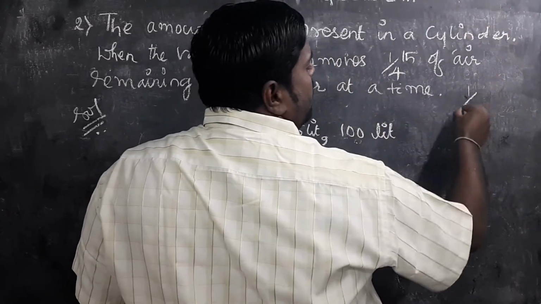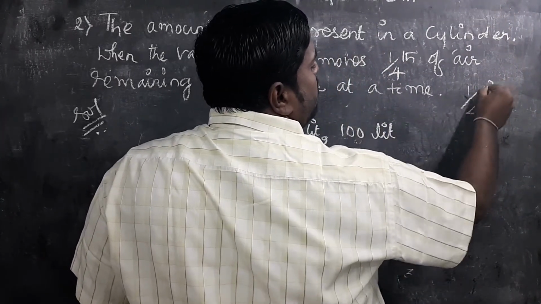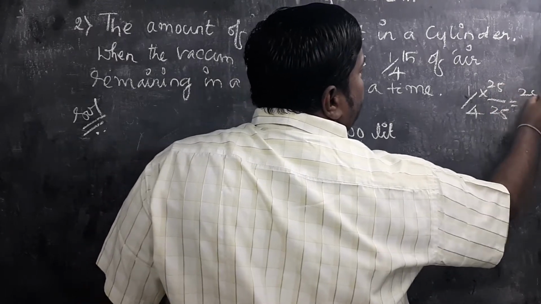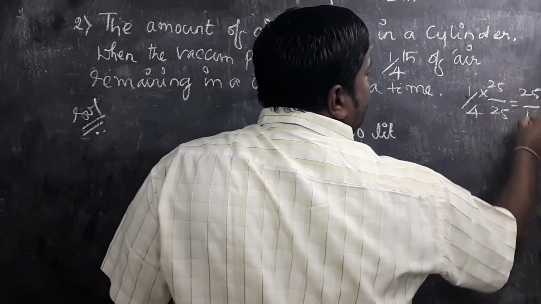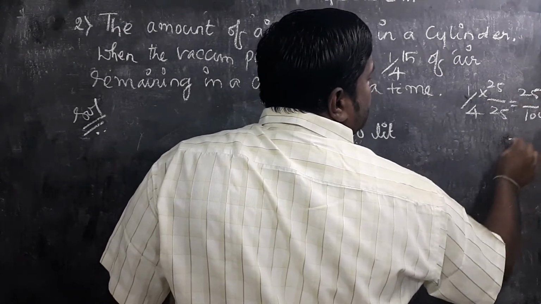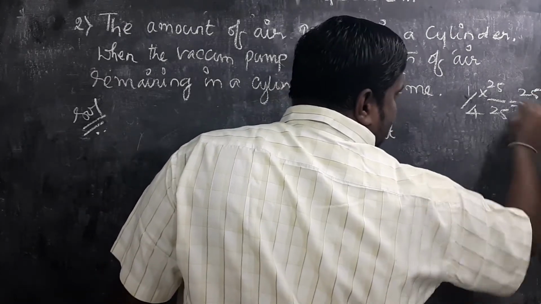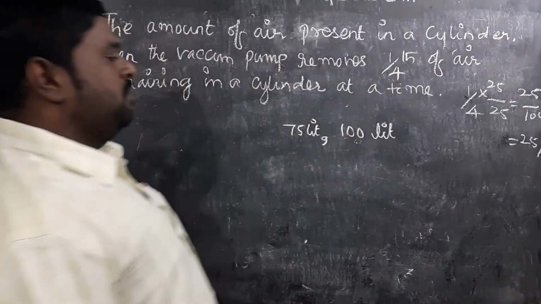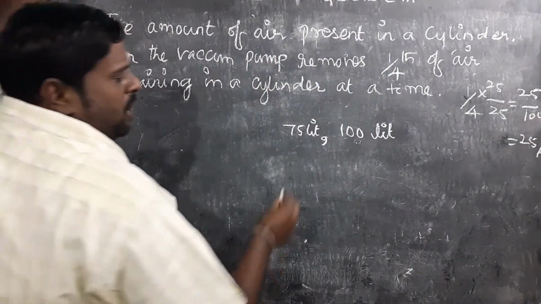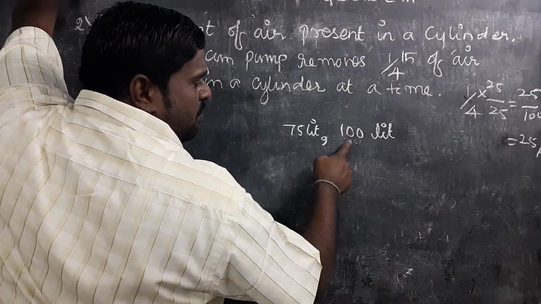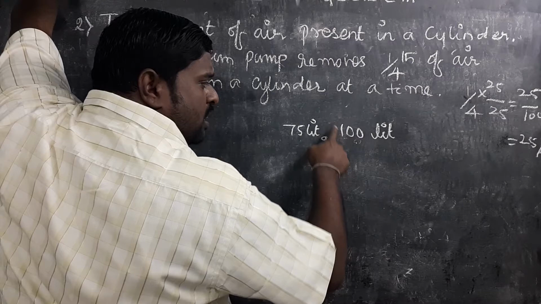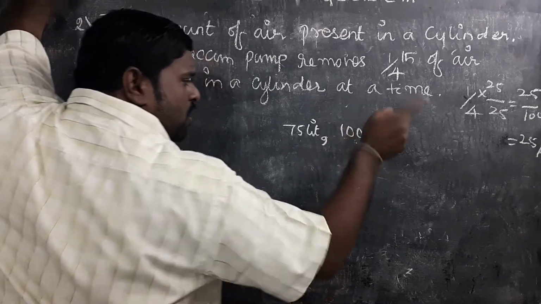For 1 divided by 4, you multiply by 25 on the numerator and 25 on the denominator. It will be 25 divided by 100, so I can write it as 25%. Now it's very simple. From this 100 liters, 1/4, that is 1 divided by 4, you are removing 25%.